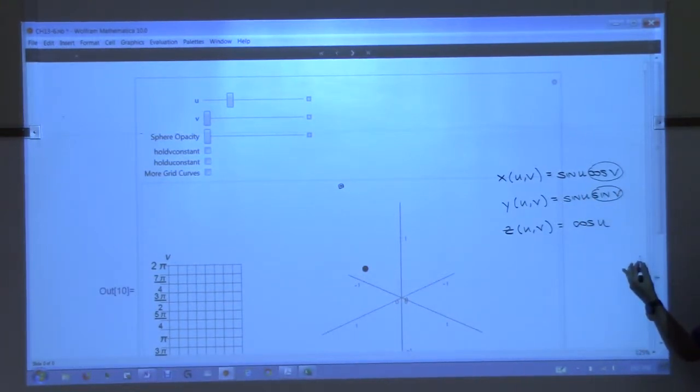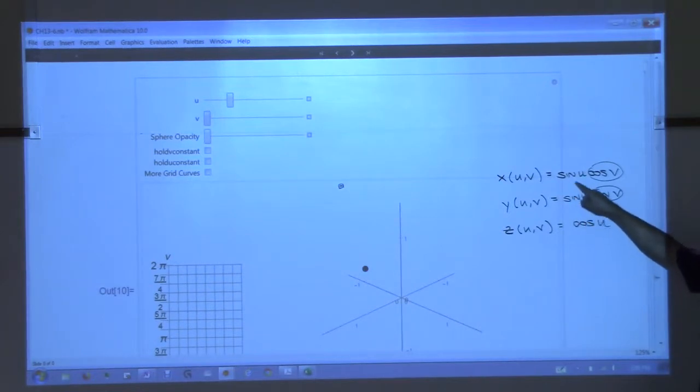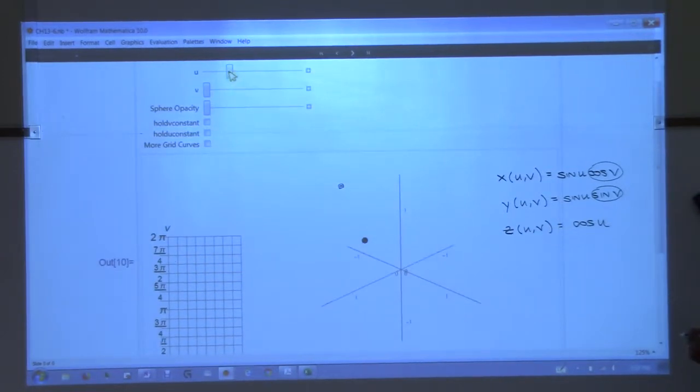Agreed? And then what we have is your x and your y are going to spit out what? The same value, but your z is going to spit out a different value, cosine. But one of them is sine, the other one is cosine, and that should draw a circle, right? So if I'm holding v constant and I let u vary, just watch what happens to that dot.